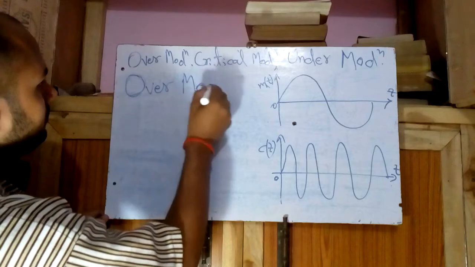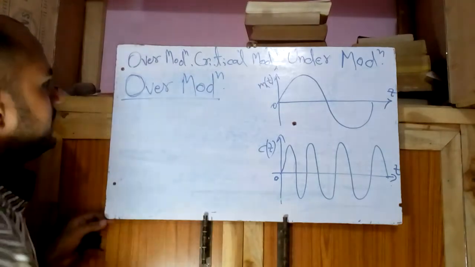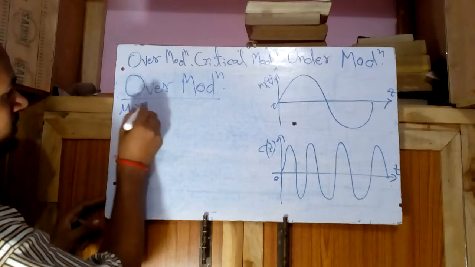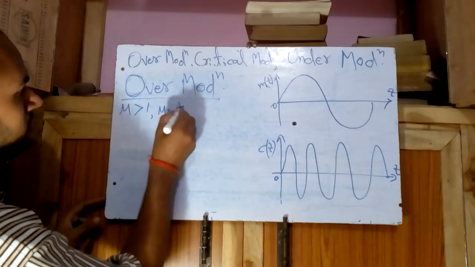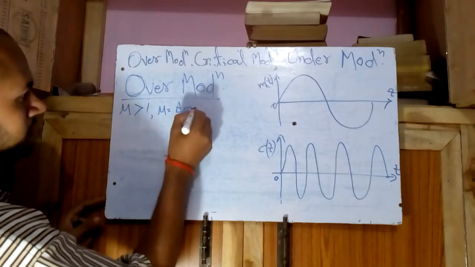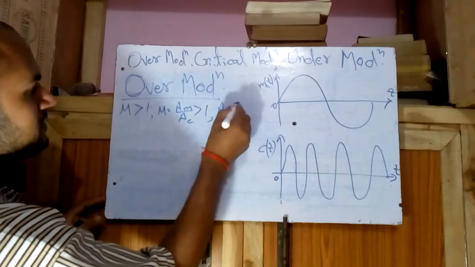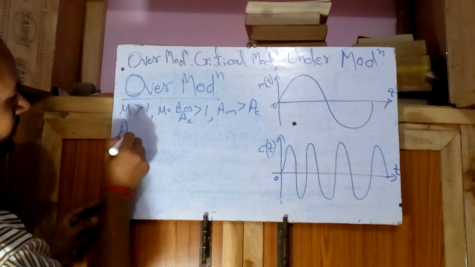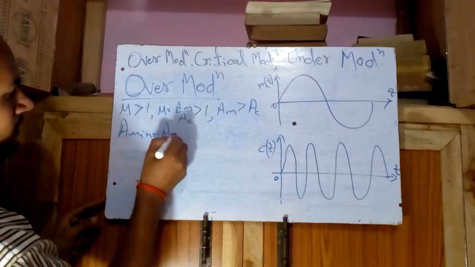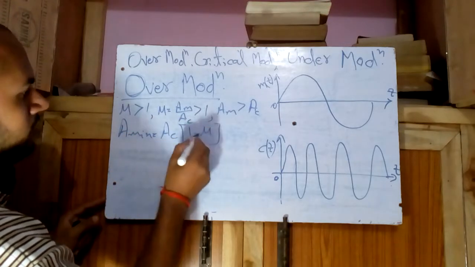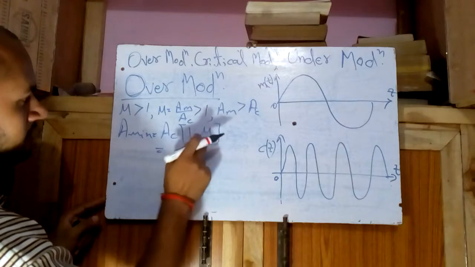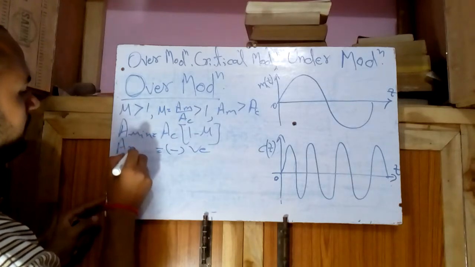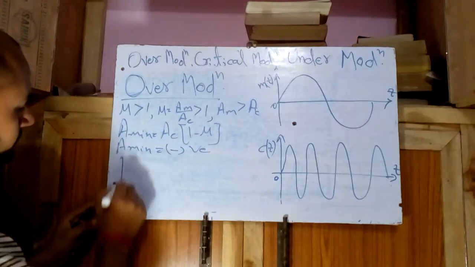Over modulation, right? In over modulation, mu is greater than 1. Mu is equal to AM by AC, that is greater than 1, so AM is greater than AC. So A minimum will be AC into 1 minus mu. Mu is greater than 1, so that will make it negative. So A minimum will be negative.